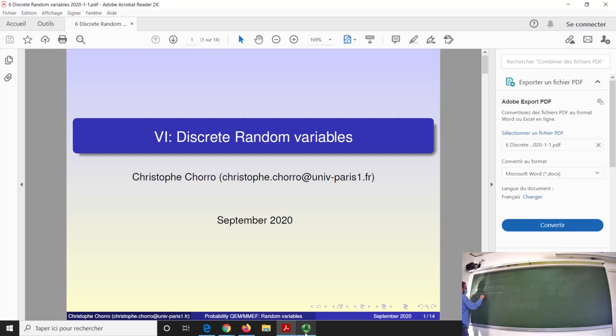In the case where I have two random variables, we say that X and Y are independent if and only if the probability that X belongs to C and Y belongs to B is equal to the product of the associated probabilities, for any B and C included in R. So it means that for two random variables to be independent, the set of all the associated preimages have to be independent in terms of the definition of independence between sets.